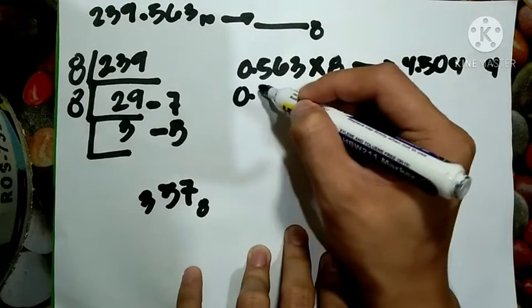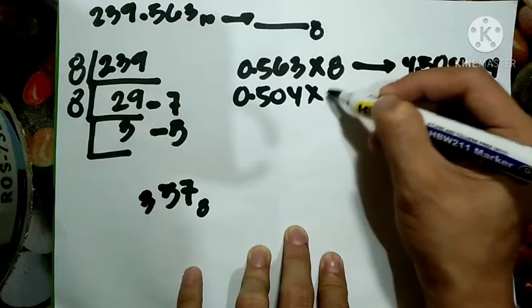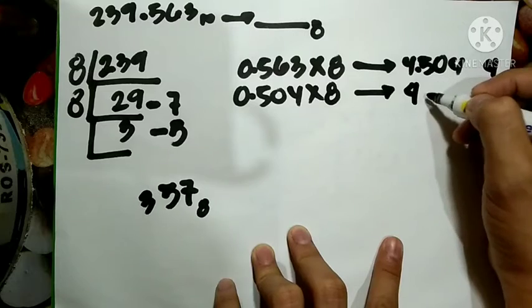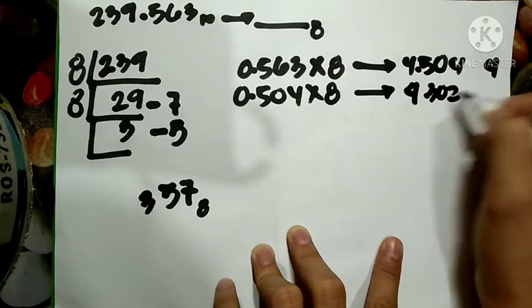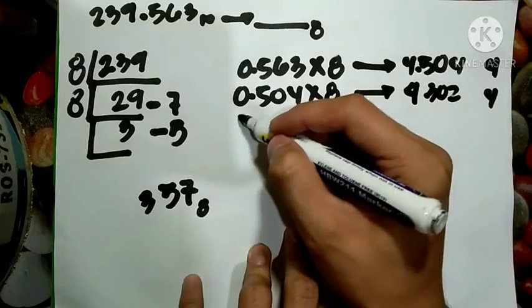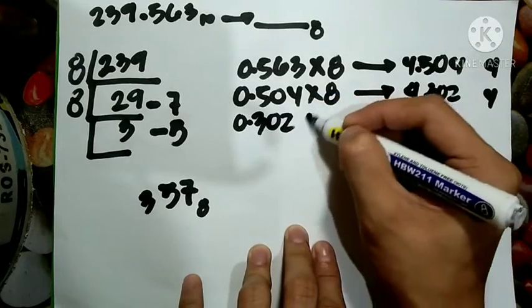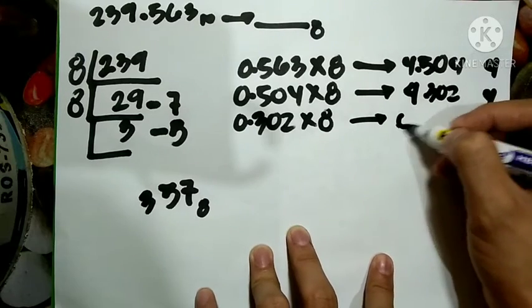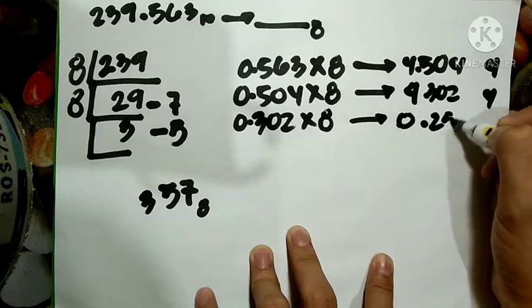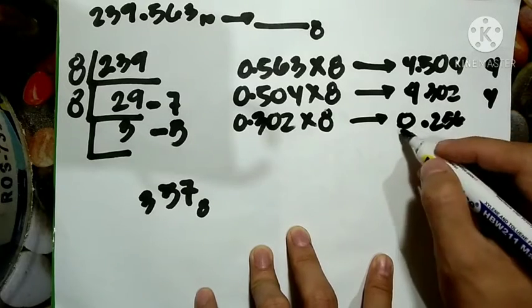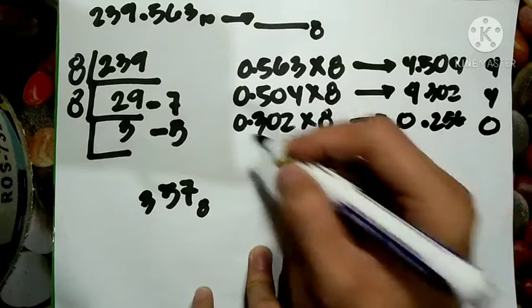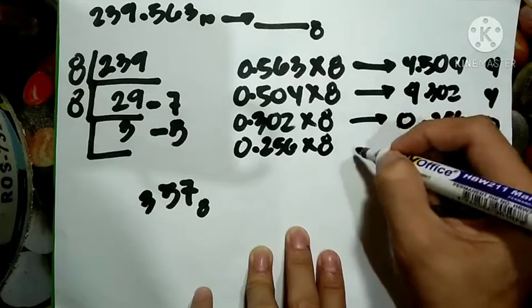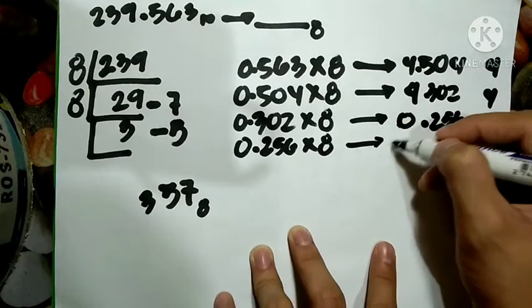So let's multiply 0.504 times 8. The answer is 4.032. 0.032 times 8. The answer is 0.256. Then let's separate again the 0 and multiply the 0.256 by 8.